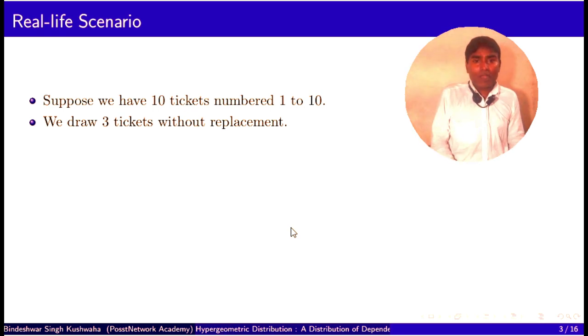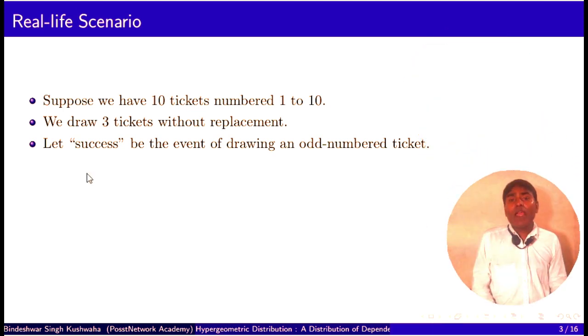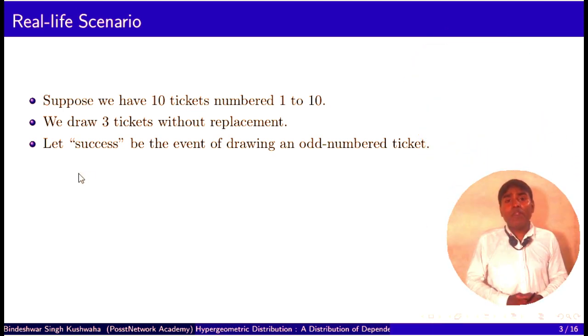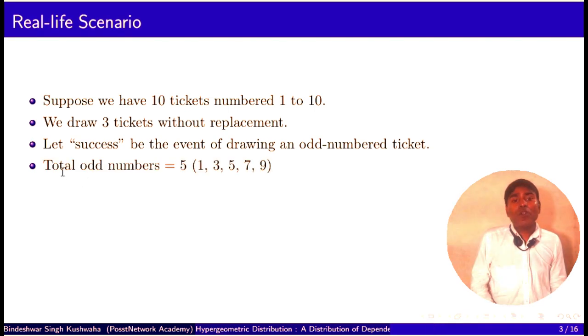So what will happen in this scenario? The events are dependent, and let success be the event of drawing an odd numbered ticket. The odd numbers are 1, 3, 5, 7 and 9.